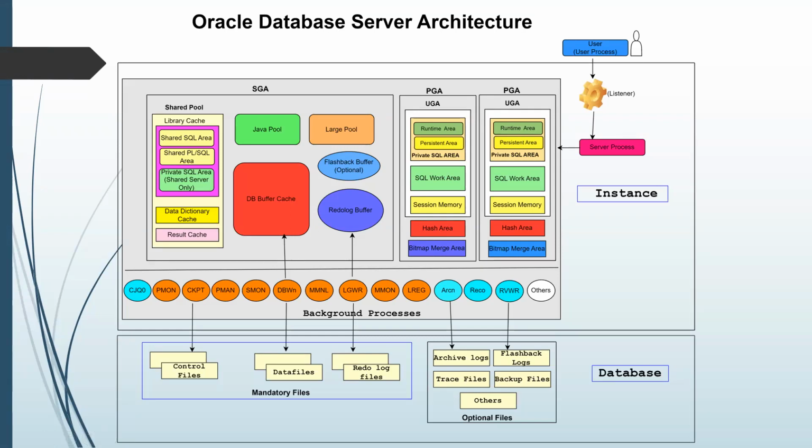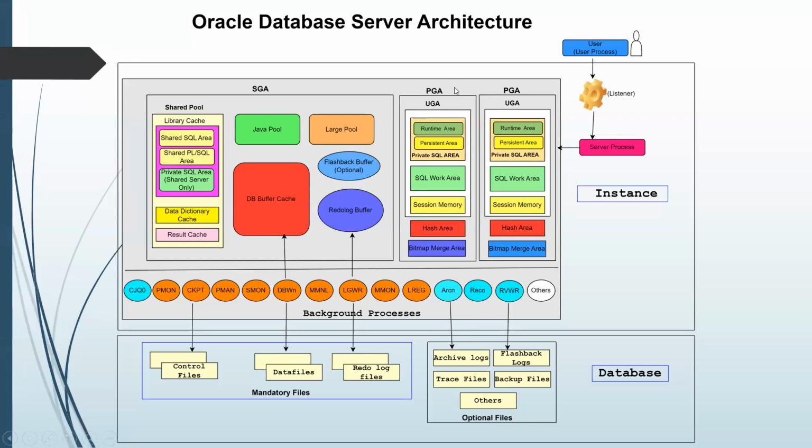If there are queries which need to do hash sorting, in that scenario this hash area will come into the picture. Similarly, the bitmap merge area is also used for some kind of sorting purpose. So these are the important components that we see inside the PGA.